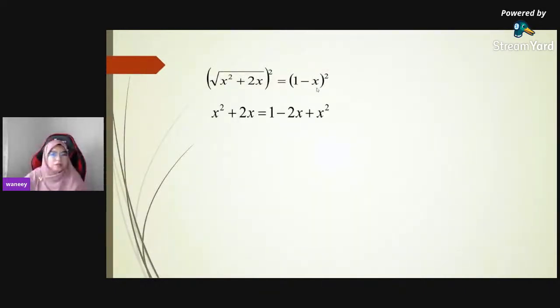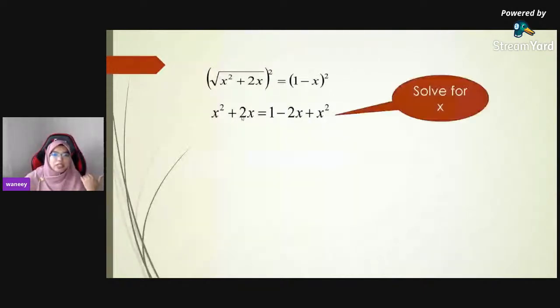So we have x squared plus 2x equal to 1 minus with 2x plus with x squared. Okay, so of course, you can bring everything on the right hand side to the left hand side, so it will become x squared plus with 2x minus 1 plus with 2x and then minus with x squared. So bring everything to the left hand side. So you're going to get 4x equal to 1, which means that x will be equal to 1 over 4.